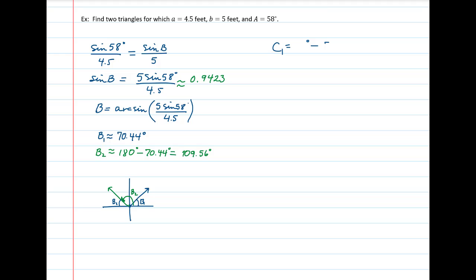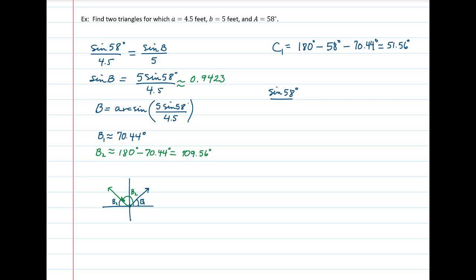Okay, so I'll go ahead and start with finding angle C, our third angle. Since I already have angle A and angle B now, I can subtract those two from 180 and figure out my third angle. That would be 180 minus 58 degrees minus 70.44, and that gives me 51.56 degrees.